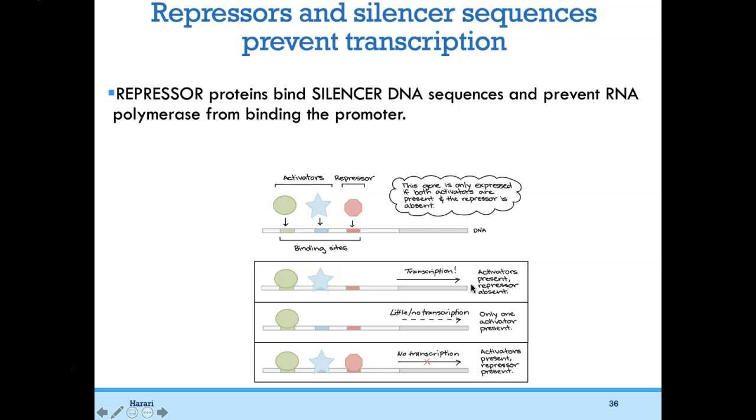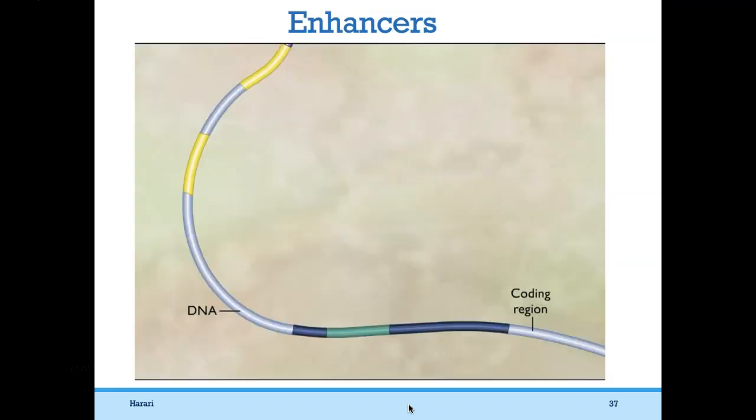That's the only way transcription will occur. Any other way, it will not occur, or it will be minimized expression. So altogether, transcription factors work in concert in a very complicated process.